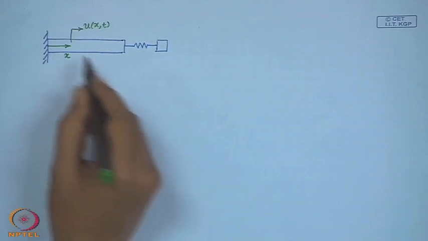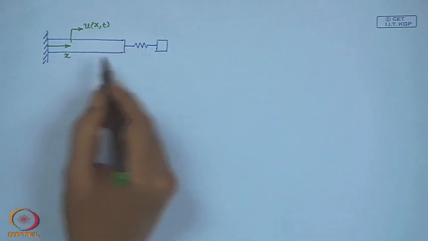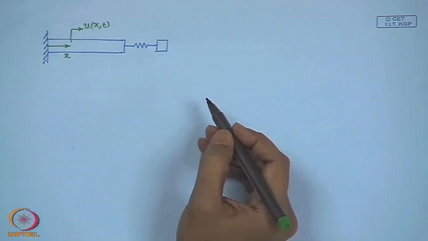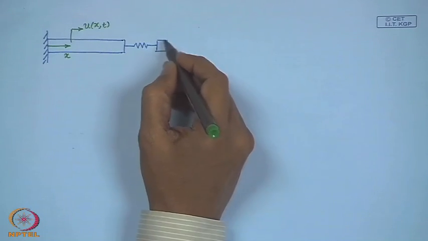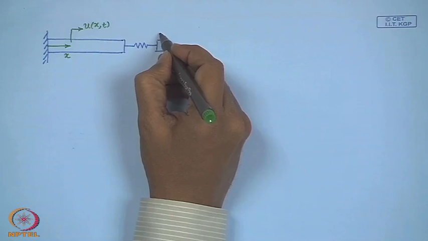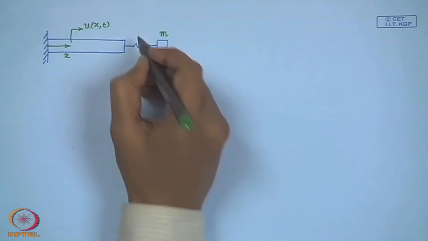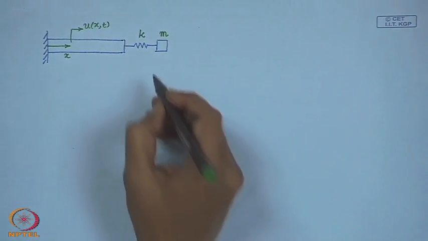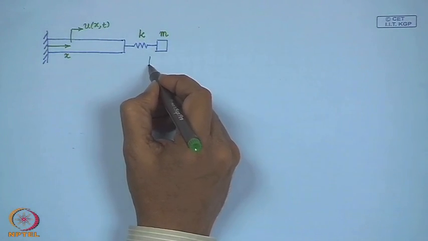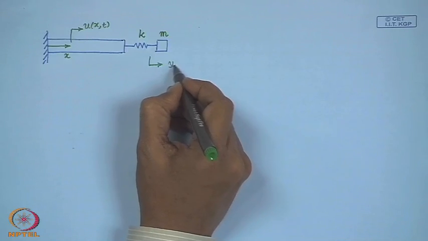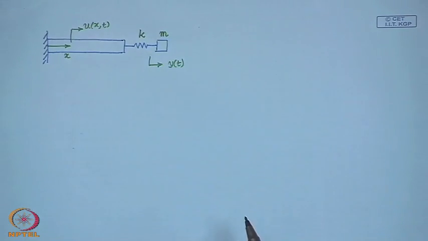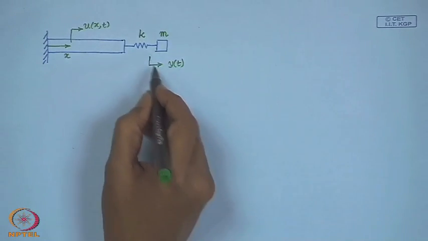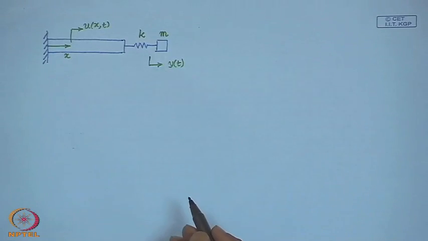So, this is a fixed bar at the end of which an oscillator is attached in this manner. So, this is a point mass attached with a spring of stiffness K. The displacement of this mass from the equilibrium position is measured by this coordinate y.